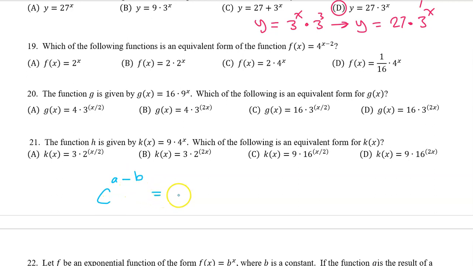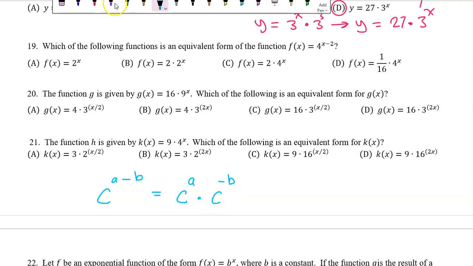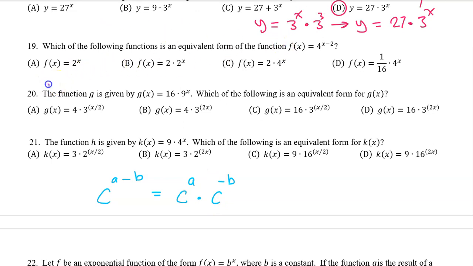And that's going to be the same thing as c to the a times c to the negative b. So that's what I am about to do right now. We could write f of x is equal to 4 to the x power times 4 to the negative 2 power. And that would be the same thing.